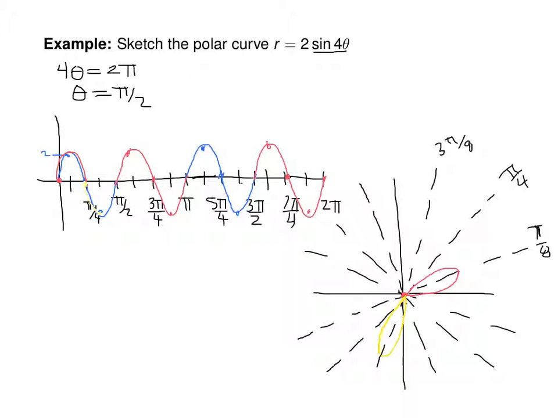And then from pi halves to, that'd be 5 pi eighths, the radius becomes 2. So there's 5 pi eighths, radius becomes 2, and by 3 pi quarters back down at 0.